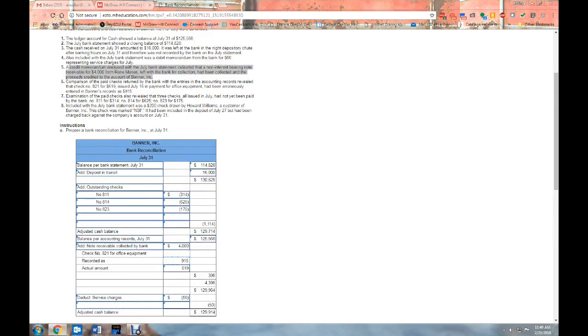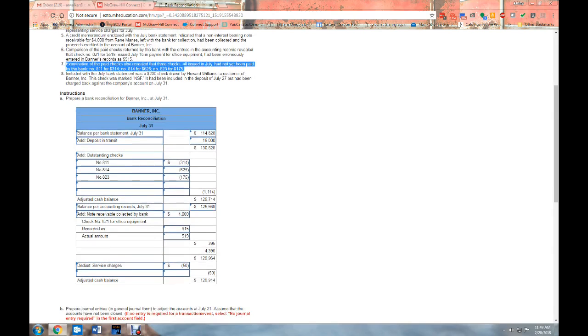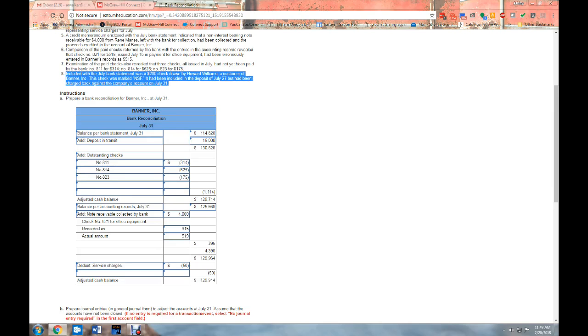All right. Looks like we're almost there. So we've adjusted for number 6. That was our incorrect equipment entry. We've taken care of our checks on the bank side. So now it looks like number 8 is the last thing we need to deal with. So included with the July bank statement was a $200 check drawn by Howard Williams, a customer of Banner. This check was marked non-sufficient funds, or NSF.